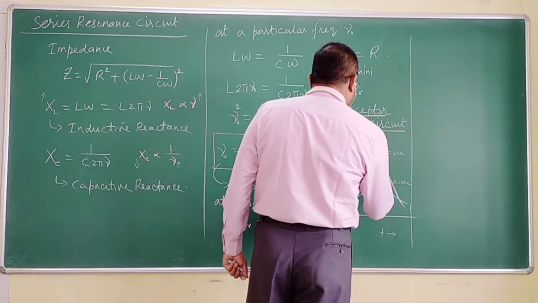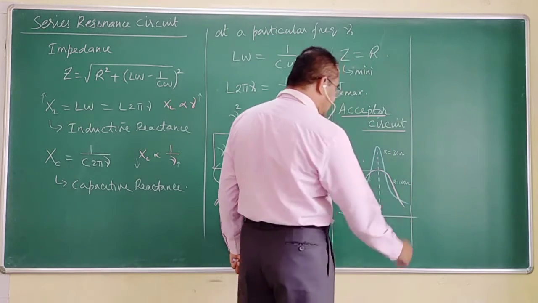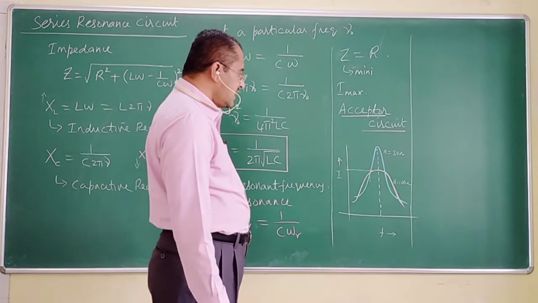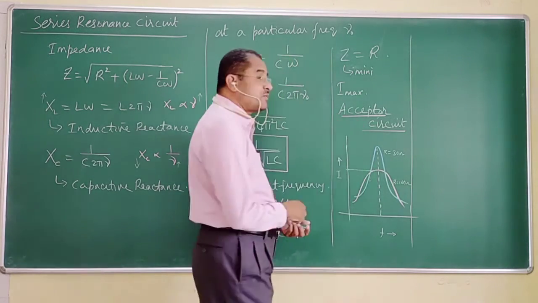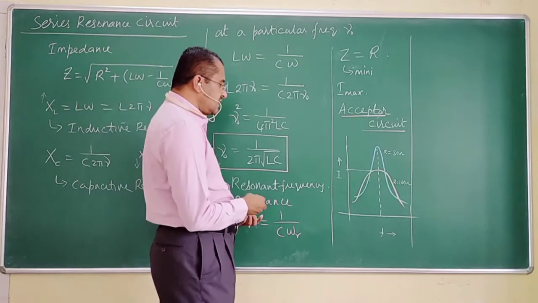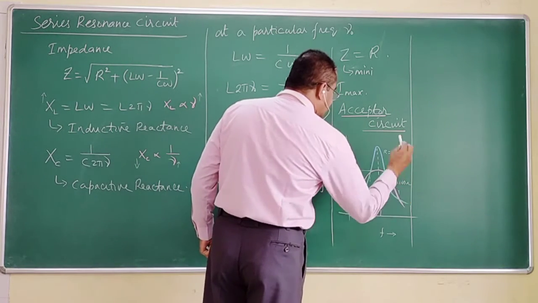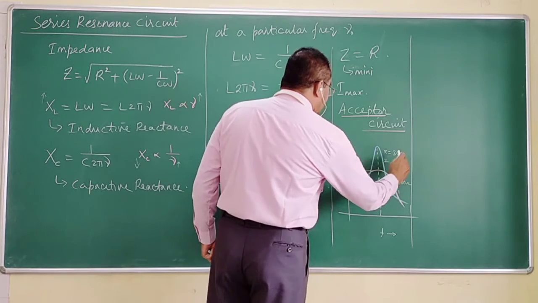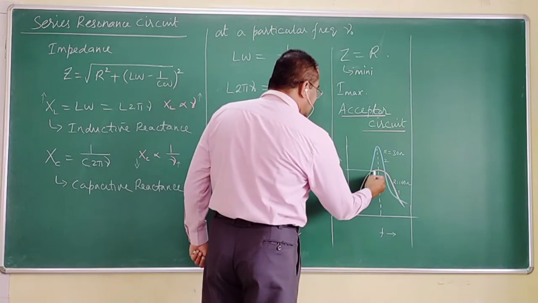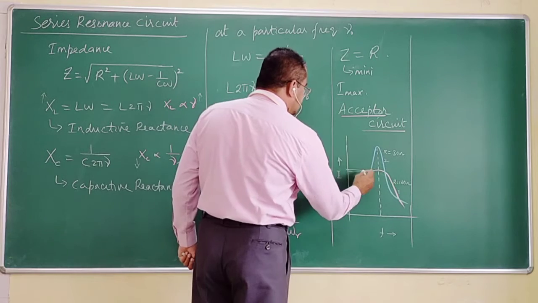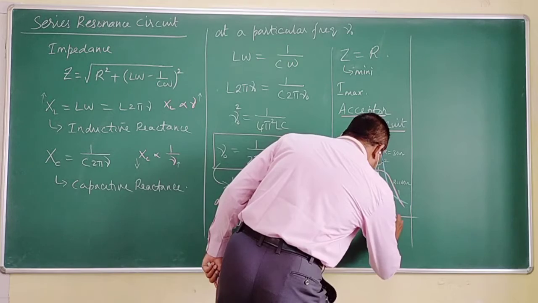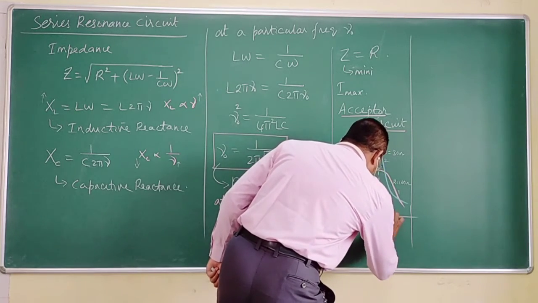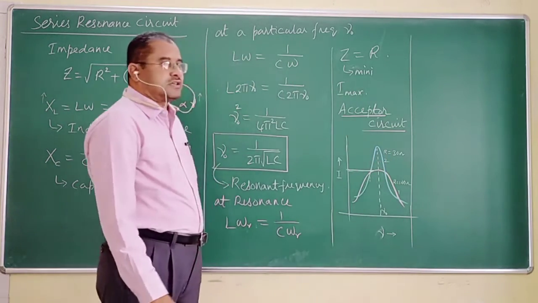If you vary the frequency, that frequency at which current is maximum you will call the resonant frequency. For curve 1, this is the maximum current, and that frequency at which the current becomes maximum, I call the resonant frequency nu naught.